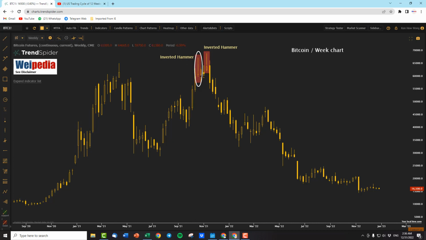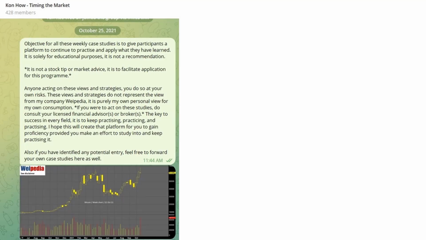If you look here, there was an inverted hammer on this weekly chart, followed by a false break and another inverted hammer, and that forms a double top. That's what we discussed on this forum that I call Timing the Market. Every week I showcase a case study.